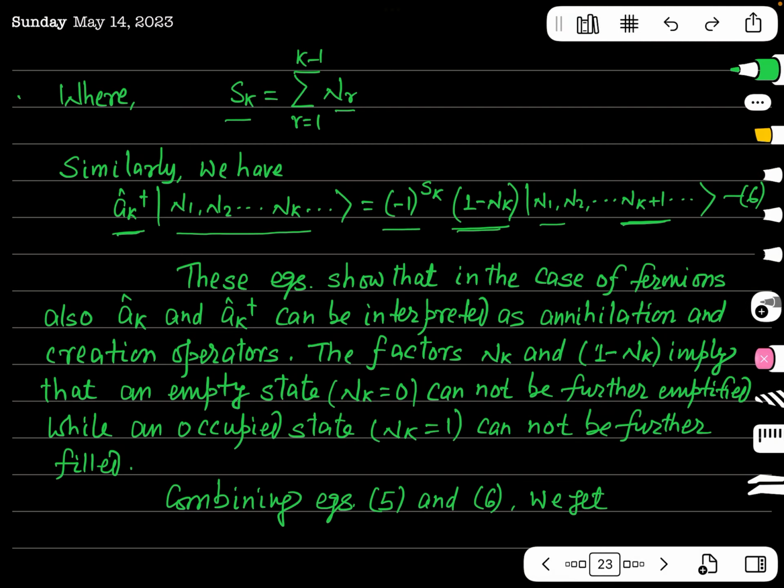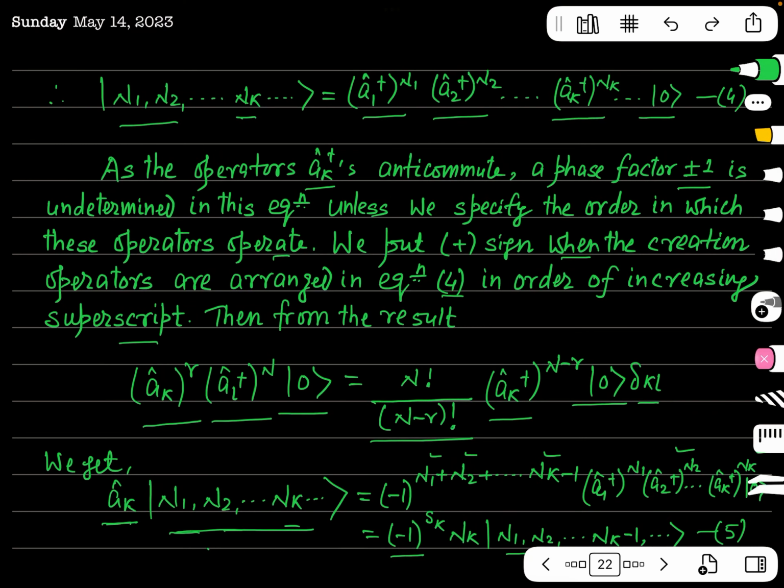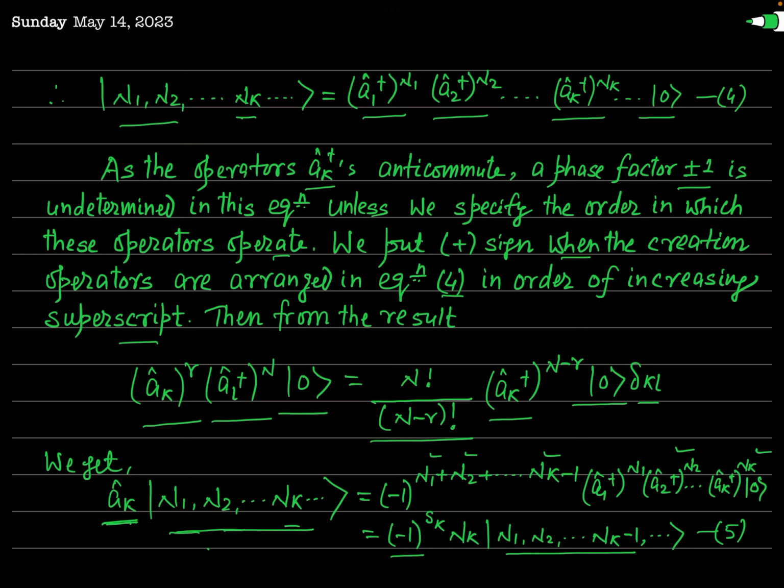On the other hand, when we operate ak hat on the state represented by ket n1, n2, and so on up to nk, the eigenvalue is nk minus 1. It means the eigenvalue is decreased by 1.